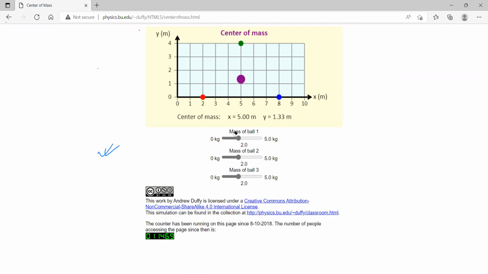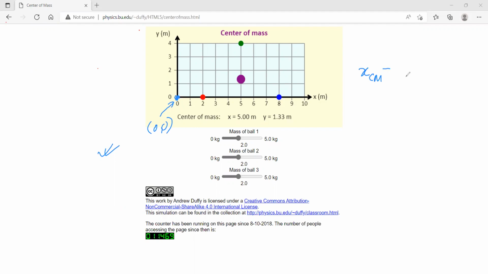For example, this is our origin, normally the origin of the coordinate system. Now, if we have something like this, we first calculate XCM and then YCM.